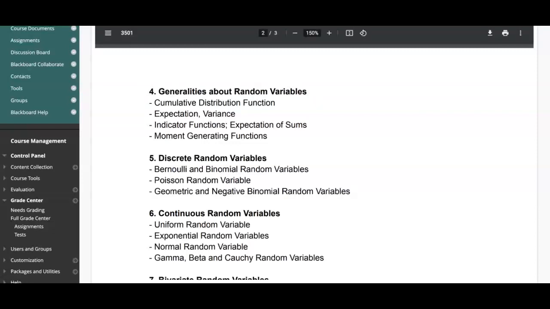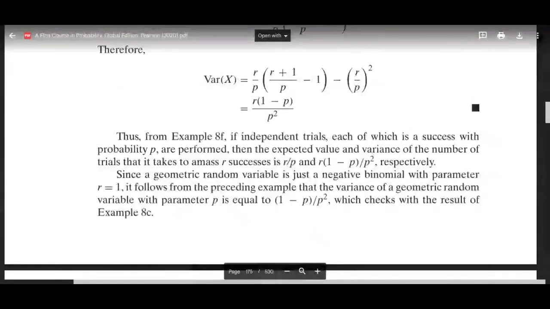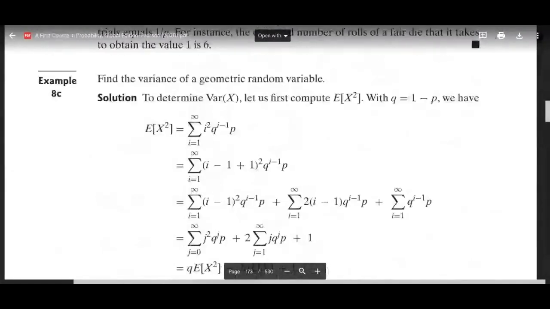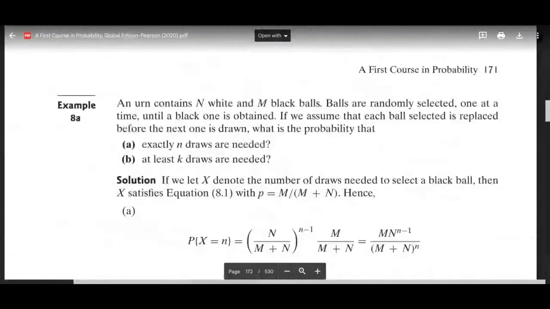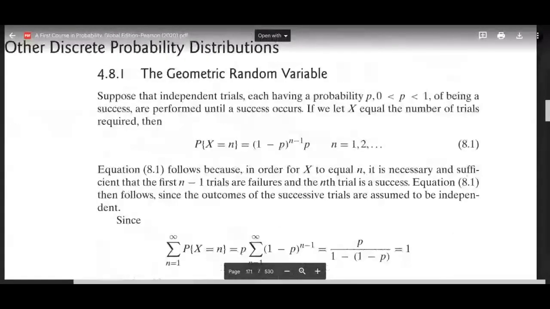Professor, can you go back to 4.8.1? Okay, I will. 4.8.1.